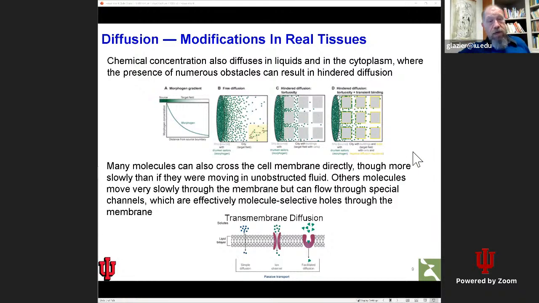And so that slows down diffusive transport. In some cases, it can do more complicated things like change the exponents or the temporal properties of transport in complicated ways. And there's a whole physics of what's called anomalous diffusion, where diffusion is not quite what you expect.